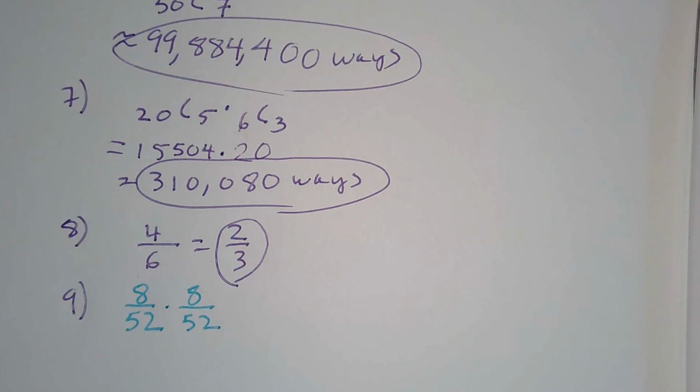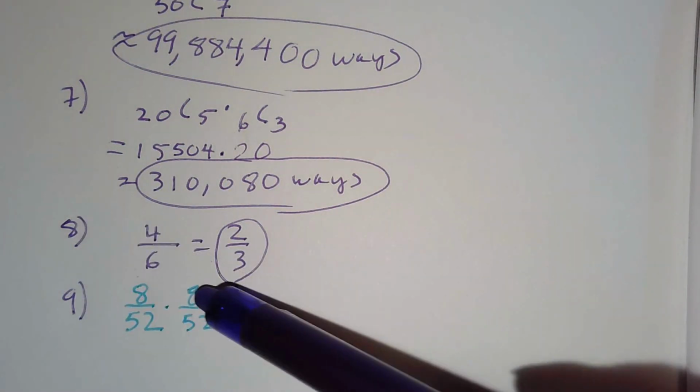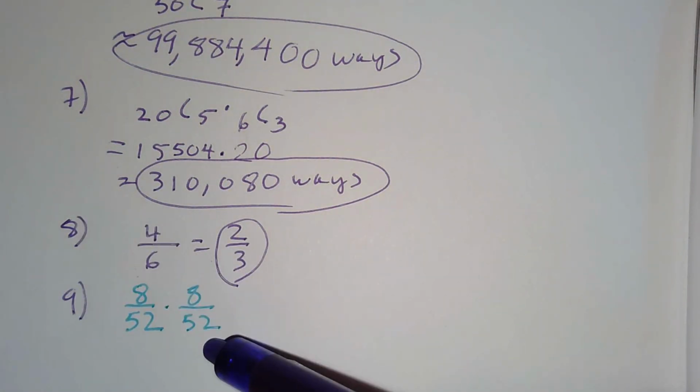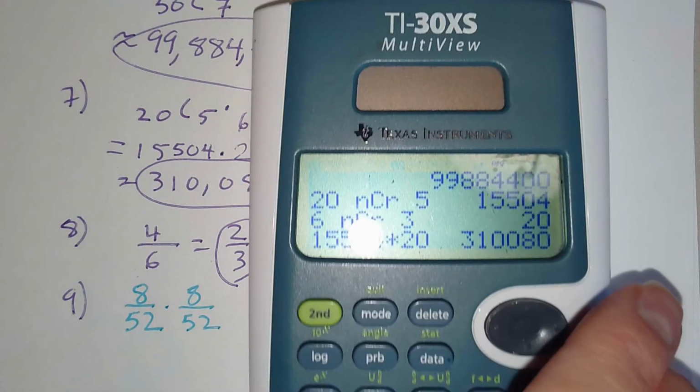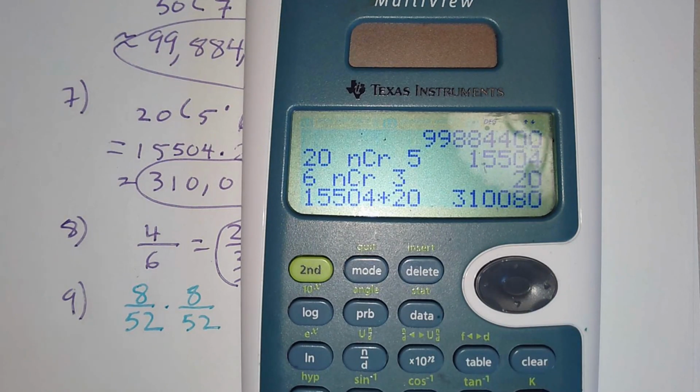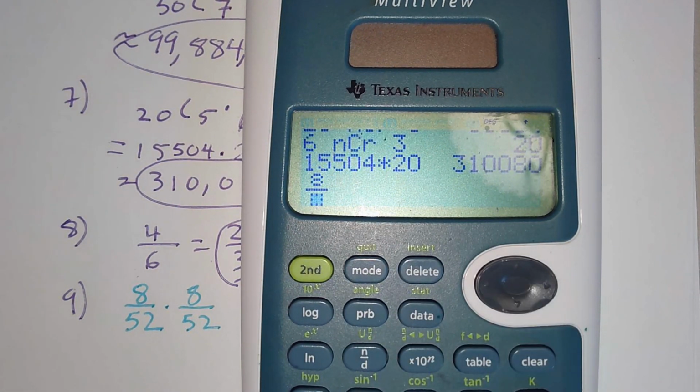If replacement was not allowed, then you would only have 7 choices out of 51 for that second fraction. But here they say with replacement, so we're putting it back in to the deck. So we'll just do this as a fraction. 8 over 52 times 8 over 52. So that'd be 4 over 169.